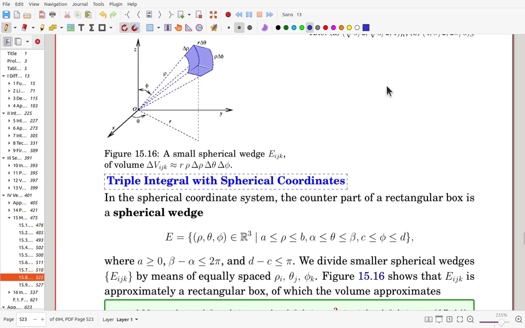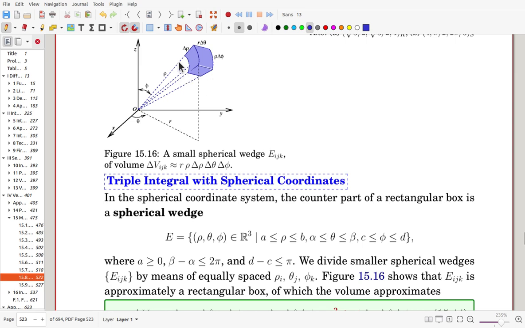Once a spherical wedge is given, in this way, rho theta phi, rho is from A to B, theta is from alpha to beta, and phi is from C to D. So some expansion of this one will be the spherical wedge. And once we partition in every direction, in rho direction, theta direction, and phi direction, then this will be a spherical wedge.